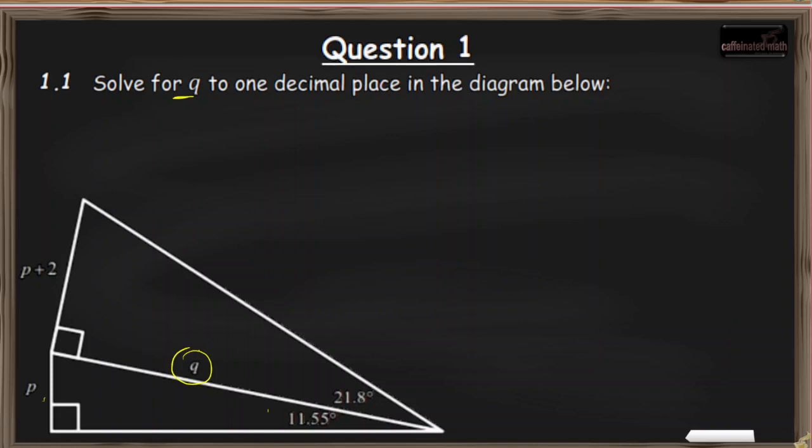Okay, so first things first, we look from the point of view of 11.55 degrees, and we see that P is opposite, and we see that Q is the hypotenuse. And when we have the opposite and the hypotenuse, we know that's a sine ratio. So given that I'm going to need a lot of space, first let's get rid of this.